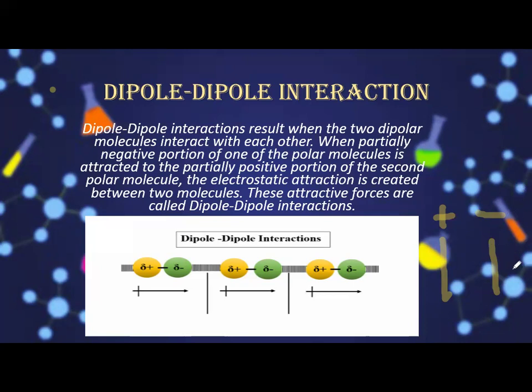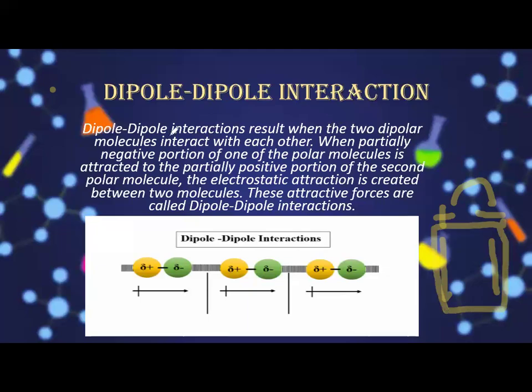And this attraction is due to the dipolar attraction. You know that di means two and pole means pole. We have two different poles, and these two different poles attract each other and are covalently or ionically bonded to each other and form a new compound.